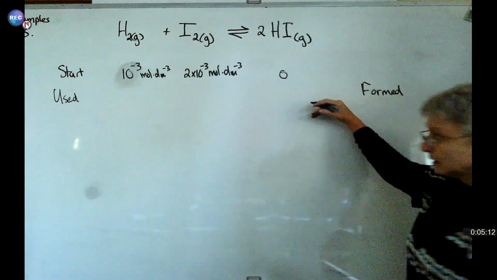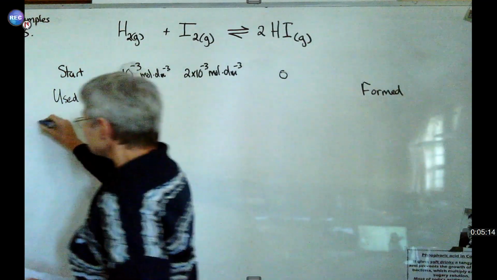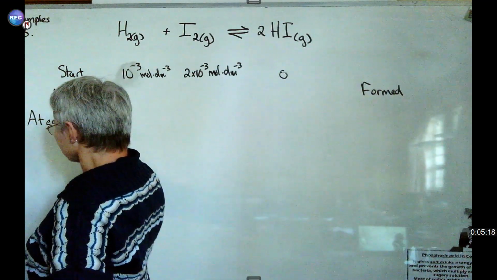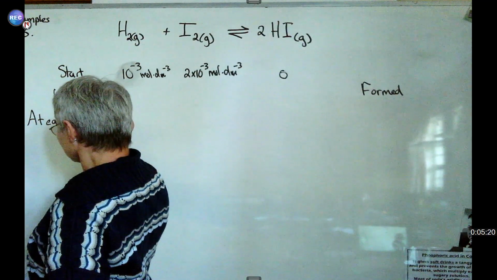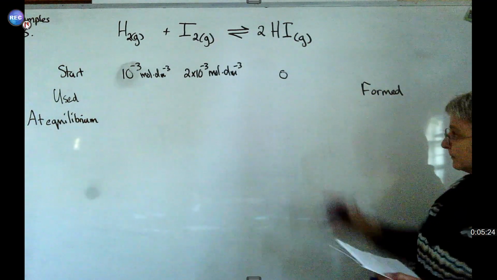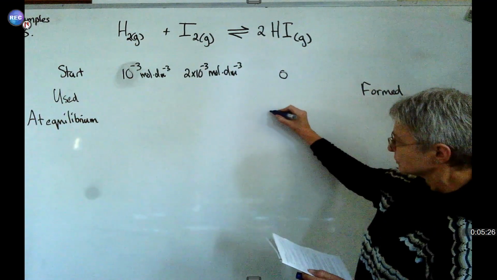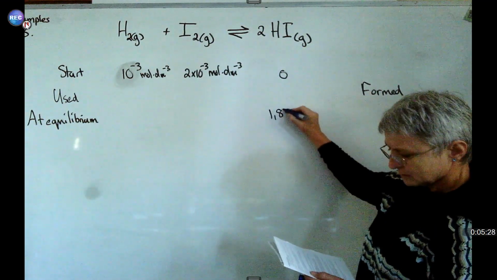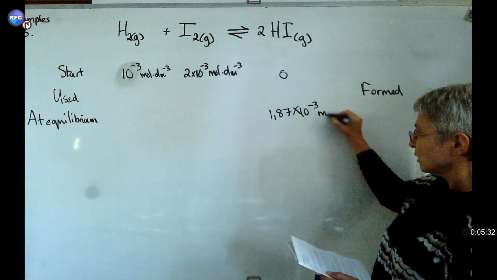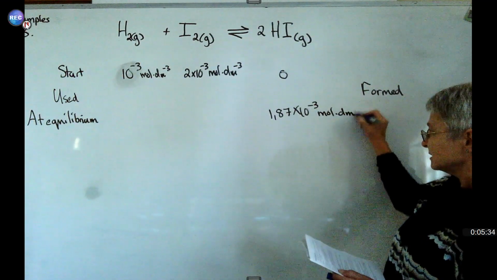Then write at equilibrium: the HI concentration is 1.87 times 10 to the minus 3 mole per cubic decimeter.